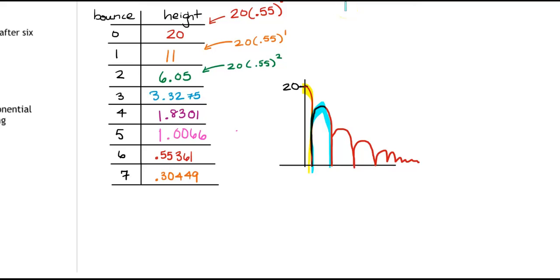So you see right here, I go up the same amount as I came down on this blue one right here. So this is going to be counted twice, that height of 11. And then I'm going to do the same thing here. So this height that I'm going to have here, it's going to go up and down that 6.05 twice.